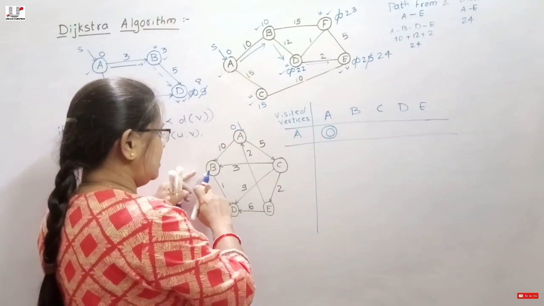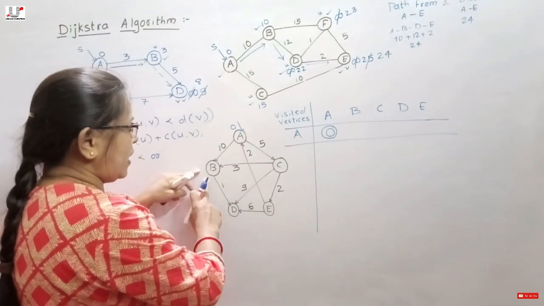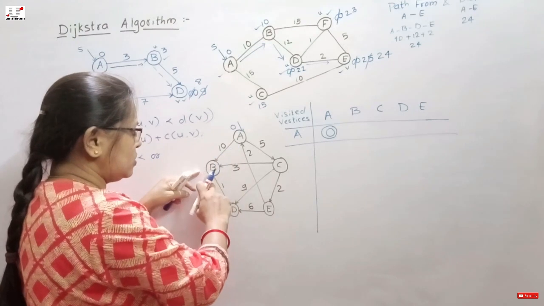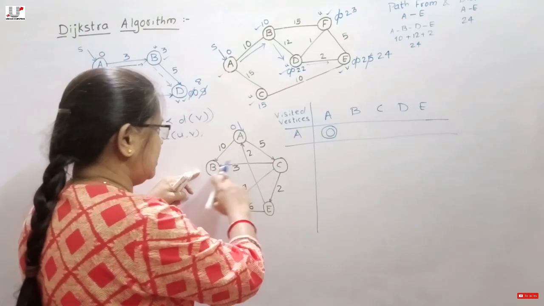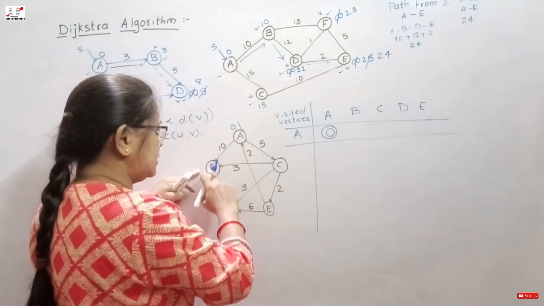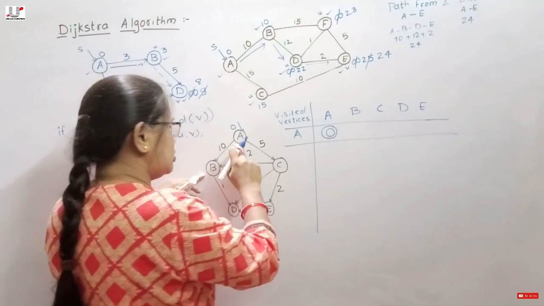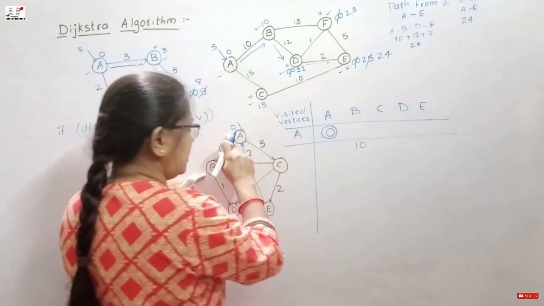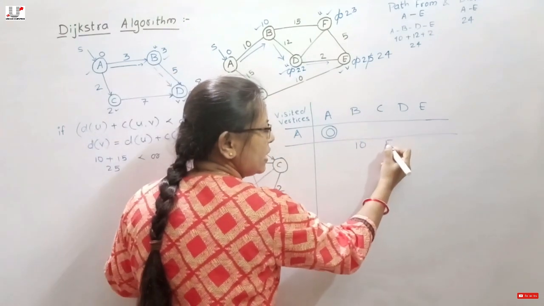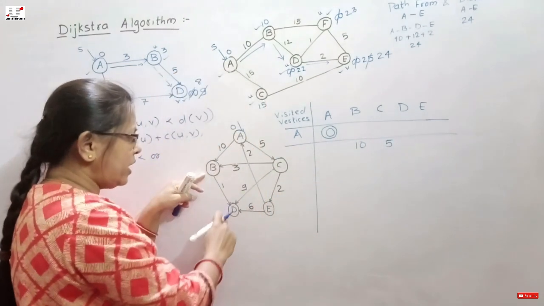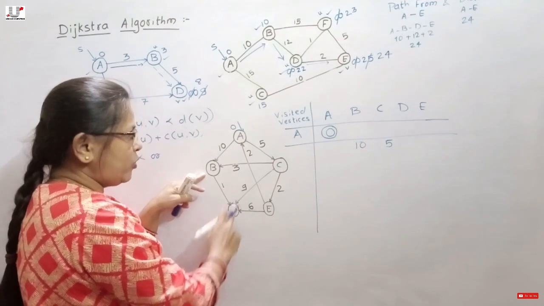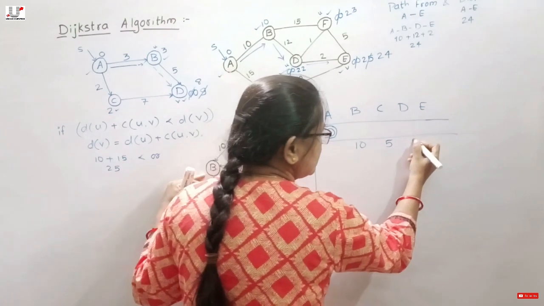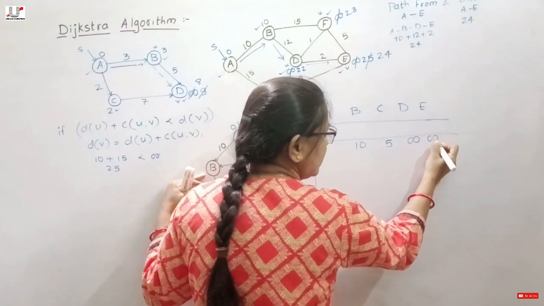And from A, you have to find out the immediate adjacent nodes to this A. Those are B and C. So A to B having weight 10 and A to C having weight 5. And as there is no direct edge from A to D and from A to E, so insert infinity.